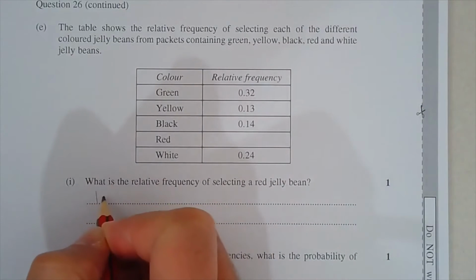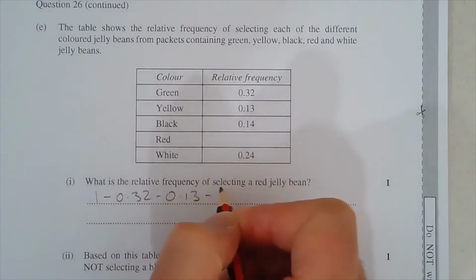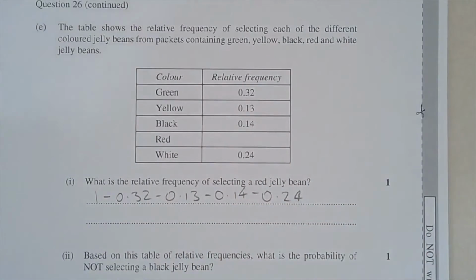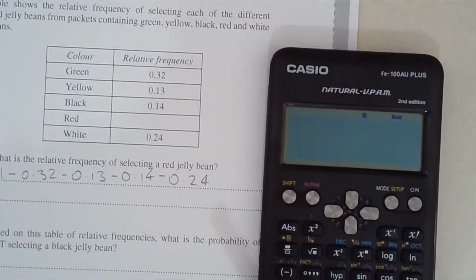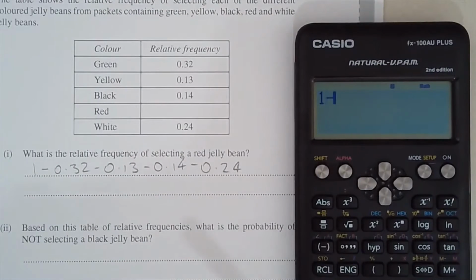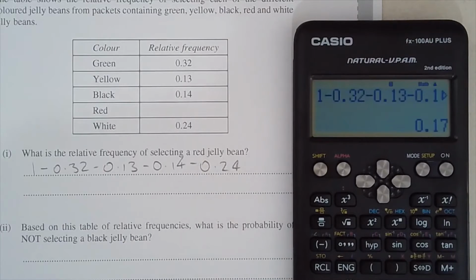So 1 minus 0.32 minus 0.13 minus 0.14 minus 0.24 should then give us the probability of red. And we get 0.17.